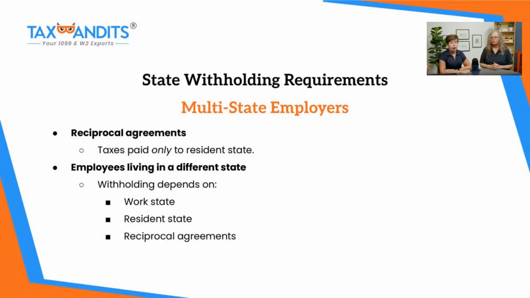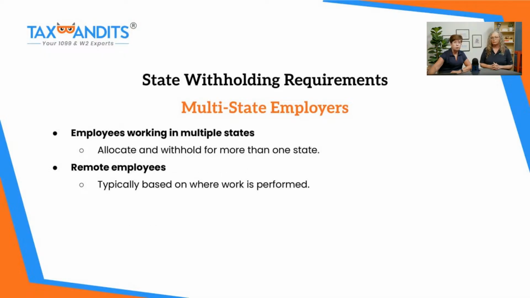You also may have employees that work in multiple states, and in that situation, the withholding depends on the work state, the resident state, and if those states have any type of agreement.